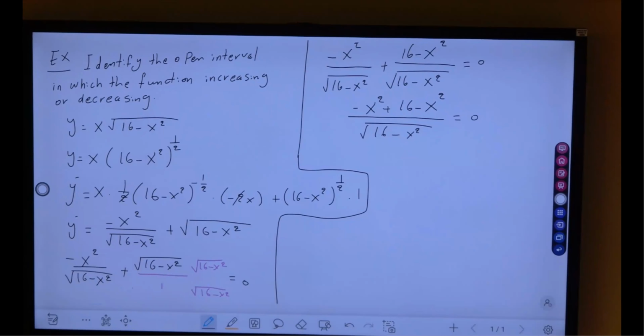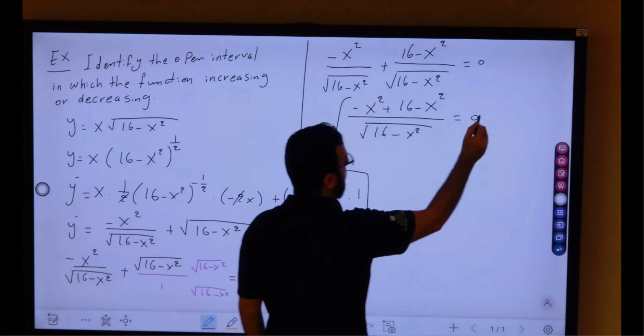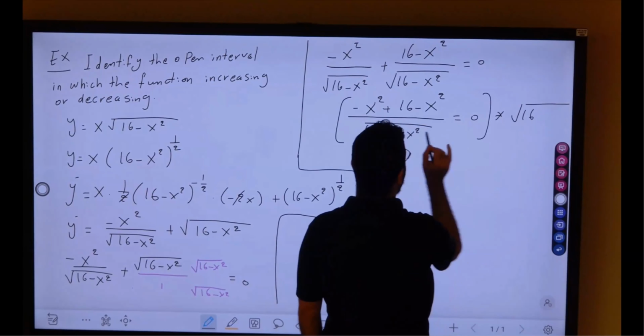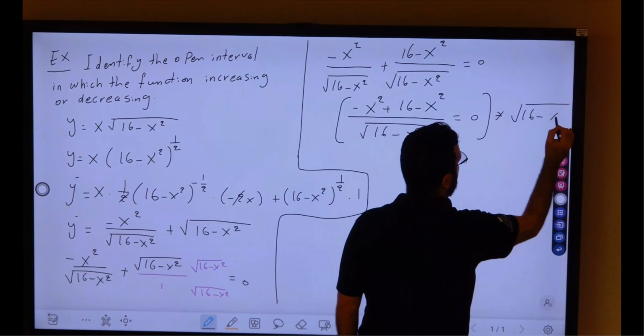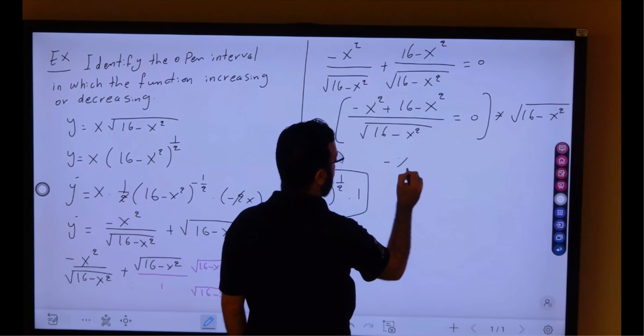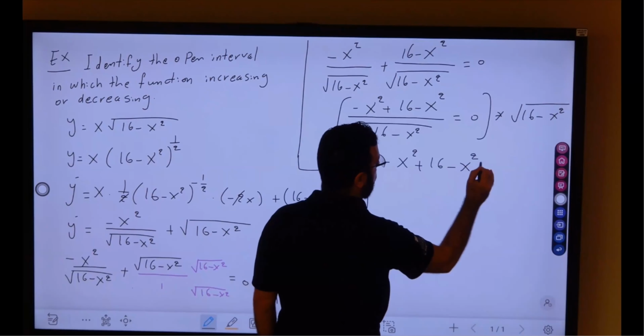What's the next step? No overthinking. Multiply by the denominator. Yes, always when you get something like this, multiply everything by what you have in the denominator. So you cancel this one with this one. What is left is negative x squared plus 16 minus x squared equals 0.